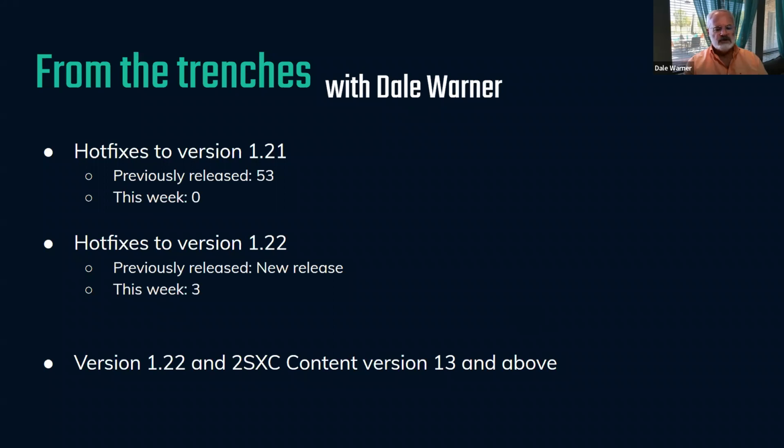In version 1.22, there is a known conflict for those of you who use Too Sexy Content, especially version 13 and above. Really that conflict existed starting in version 1.20 and 1.21 as well.